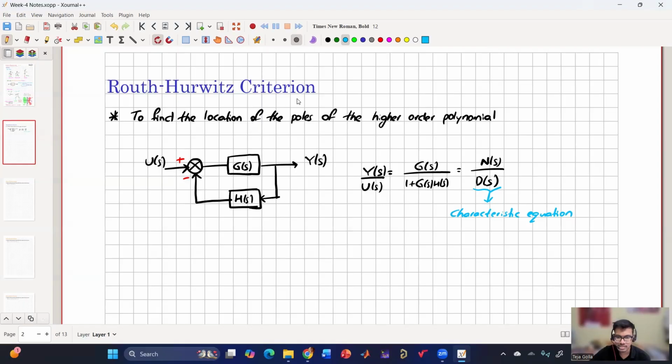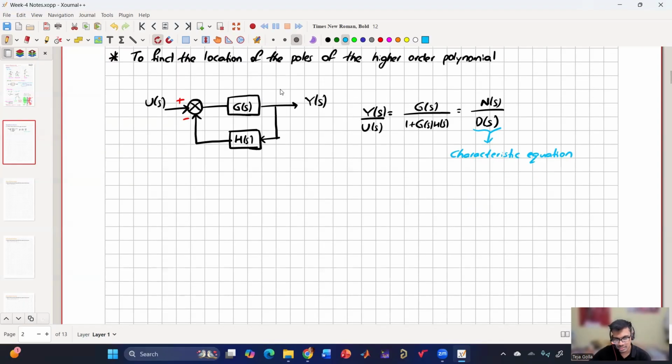But if it meets that necessary condition, is it sufficient to say that poles are on the left hand side? No, it is only necessary condition, which means it has to satisfy so that we can say that now we have to check whether the poles are on the LHP or RHP. But if it doesn't meet the necessary condition, we can for sure say that some of the poles are on the RHP. So what is this necessary condition?